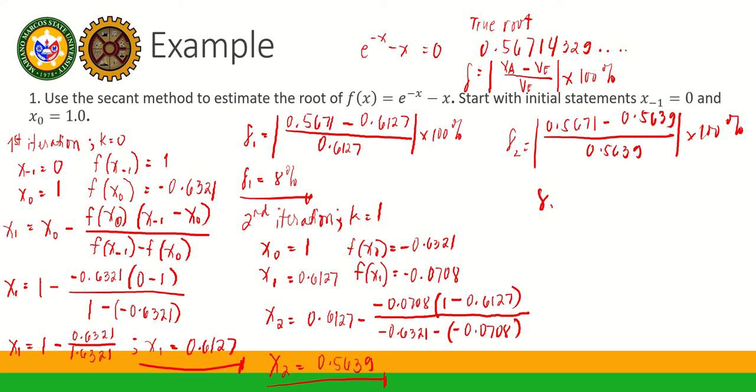So, our percent error 2 is equal to 0.56%. Although medyo mababa na siya, let's try another iteration and see if bababa pa ito. Okay? Kasi pag nangyari yon, we are closer to the true value sa true root niya.